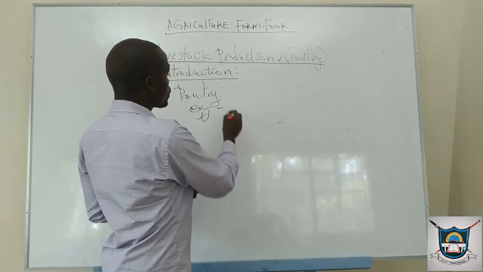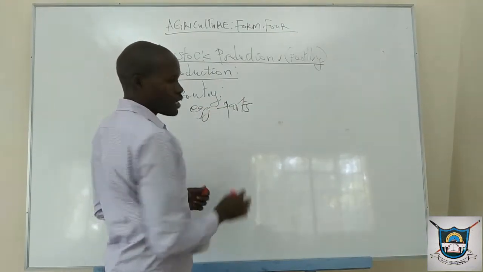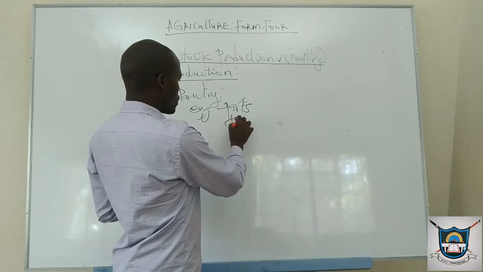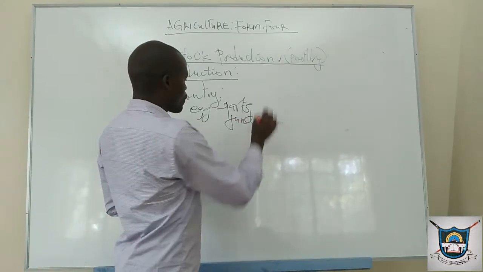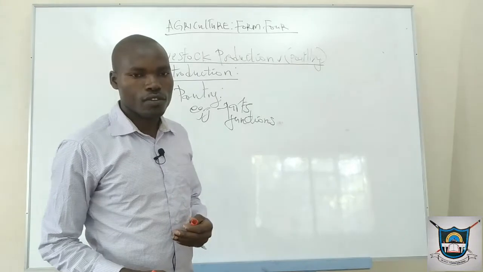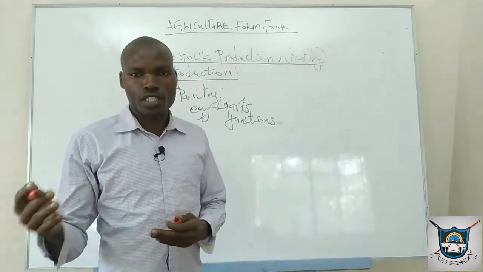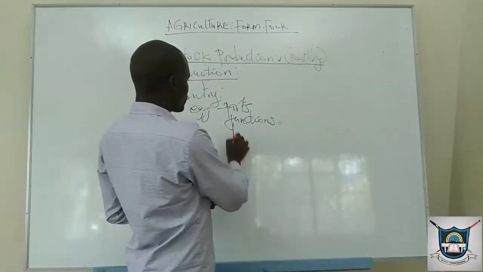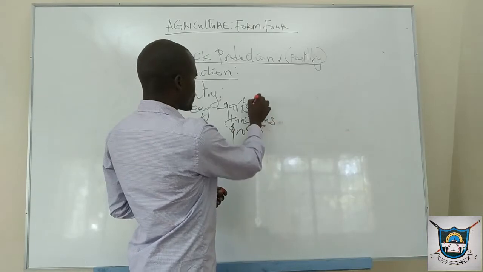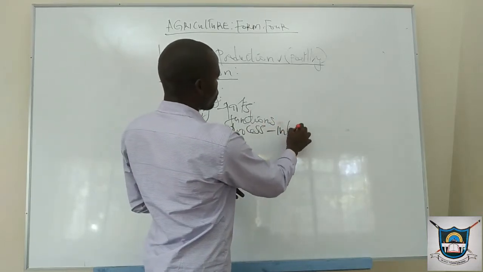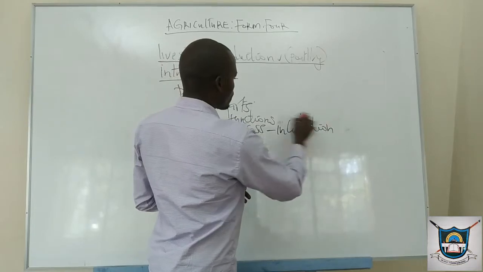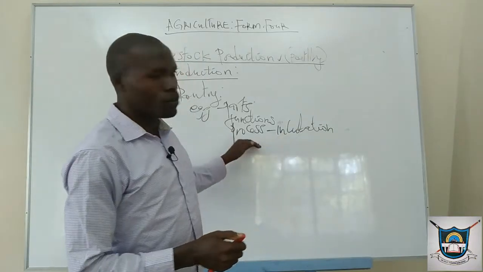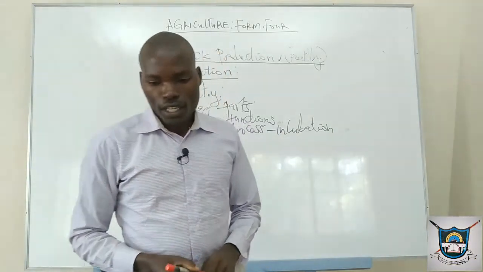Under the egg, we shall look at the parts of the egg, then the functions of the egg. Again, we shall see the process which the egg undergoes so that it can result into a chick. This process we call the incubation period of an egg.